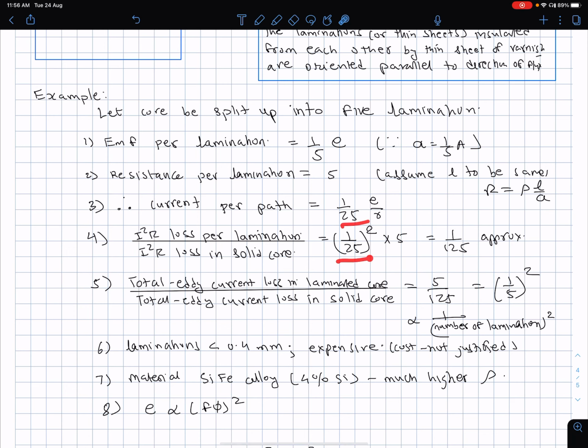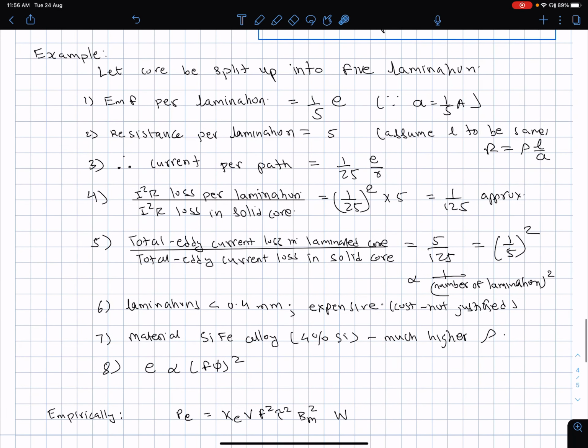So I square has reduced by a factor of 1/25 squared, and the resistance has increased 5 times, so the R ratio becomes 5, and so you get 1 by 125 as the new ratio. That means the I square R loss per lamination is only 1/125th of the loss in the solid core.